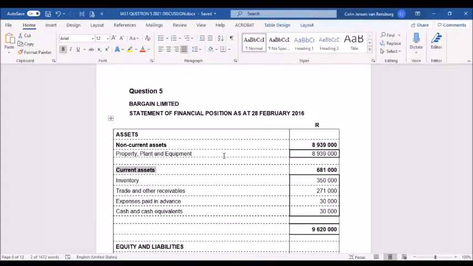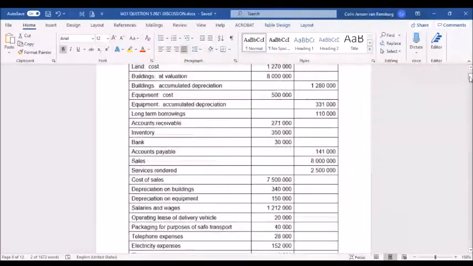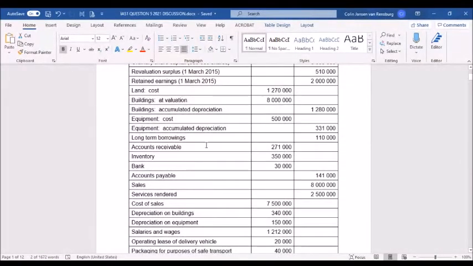You can have biological assets such as sheep if you are a wool farming company, or your vineyards if you are a wine farming company, and investment property. So now we've got to go and see what categories of non-current assets this company has. So now we go to that non-current asset section of our trial balance.